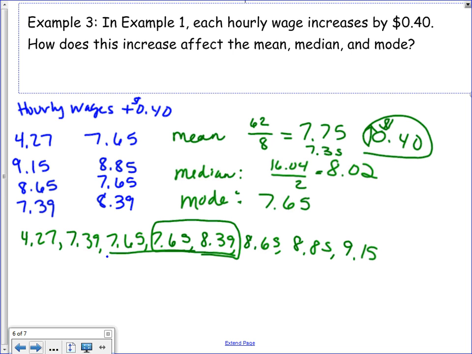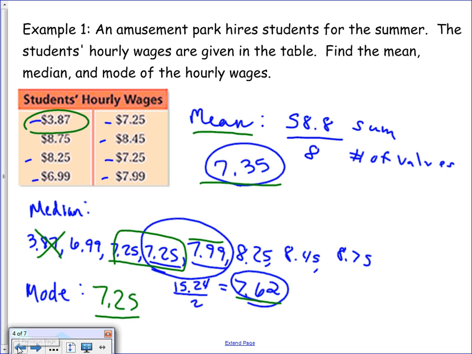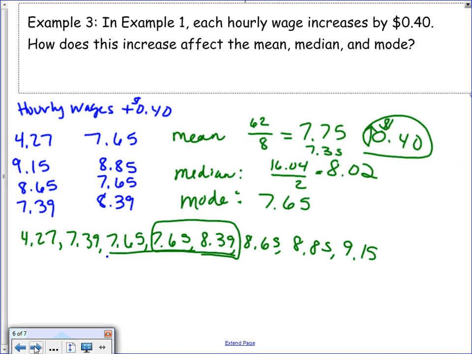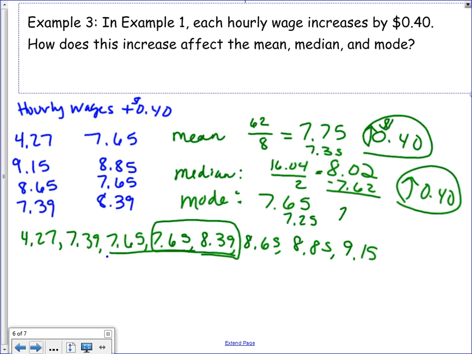The original one for the median was 7.62, which is also a 40 cent increase. And the original mode was 7.25, which is also a 40-cent increase.